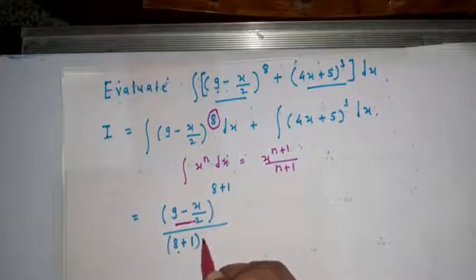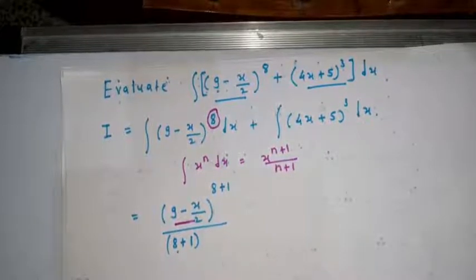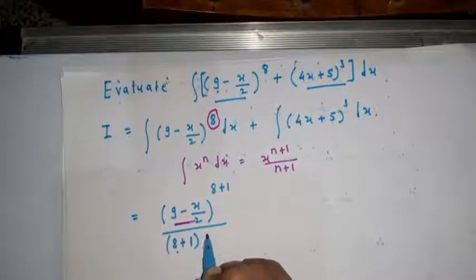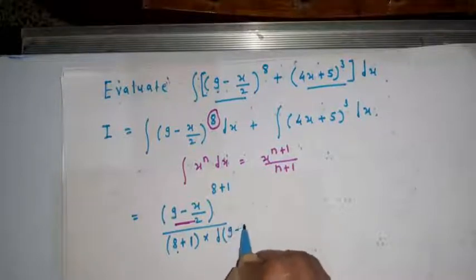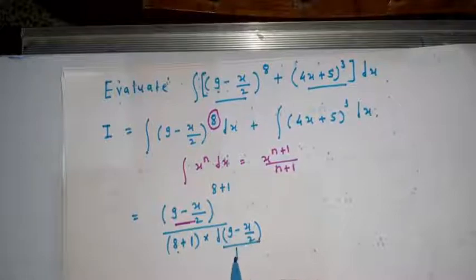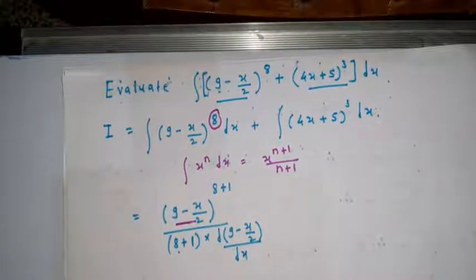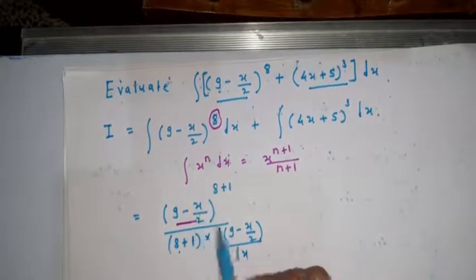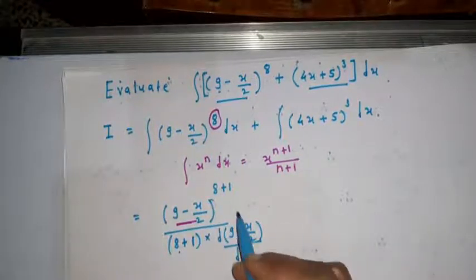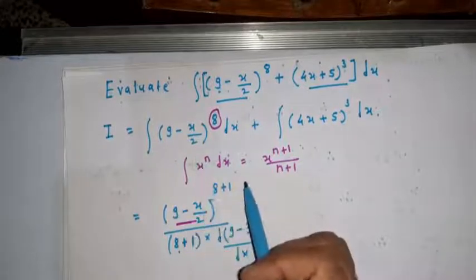So in case of integration, we divide here, that is into differentiation of 9 minus x by 2. Okay, in this with respect to x. Take its differentiation and divide it. Okay, in this way we have to find out the integration of such terms.